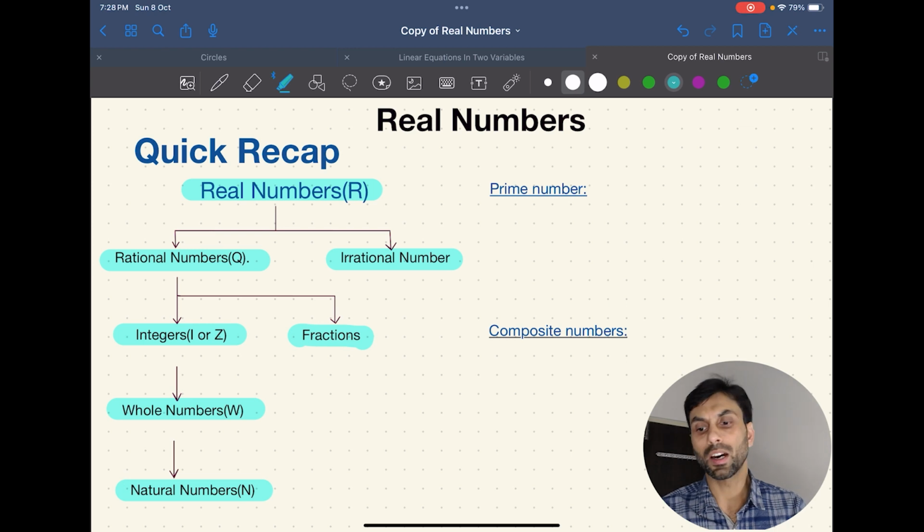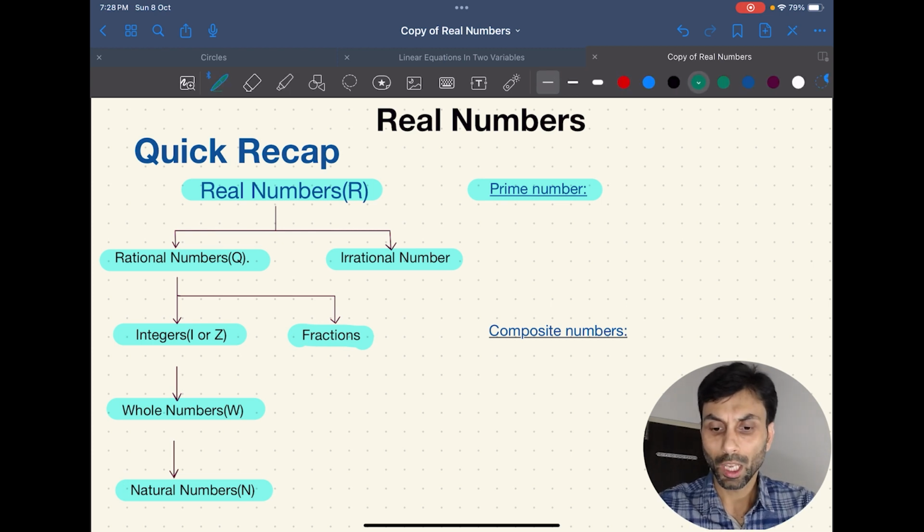Before we start with the actual topic, two more types of numbers we must discuss. One of them is prime numbers. Prime numbers are those numbers which have exactly two different factors.